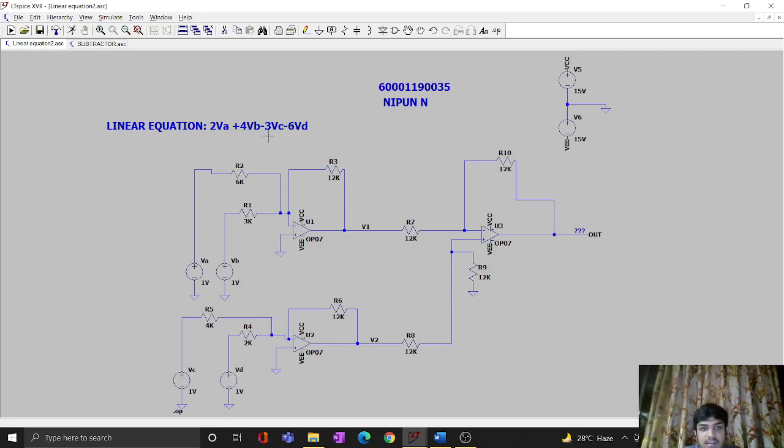Hence, we get the final equation as 2VA plus 4VB minus 3VC minus 6VD. I'll simulate this using the voltage values as 1 volt for all of the voltages, and see if we get a value of 2 plus 4, 6, minus 3 minus 6, that is minus 3 volts.